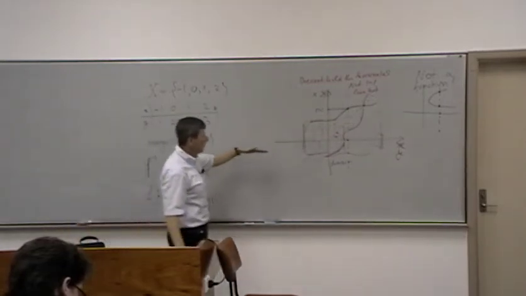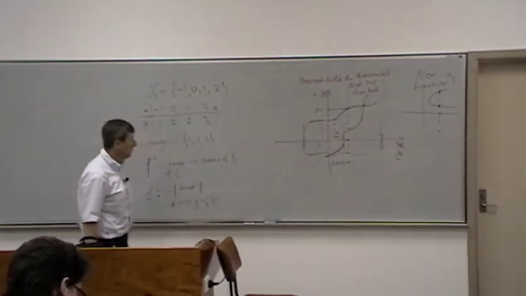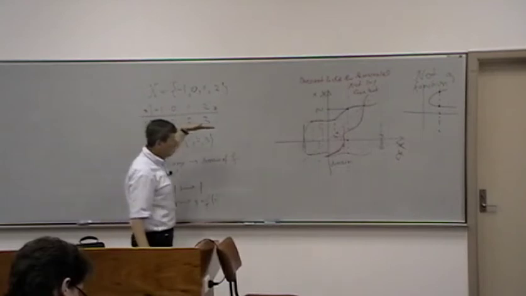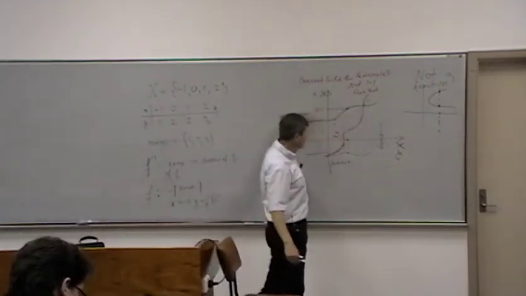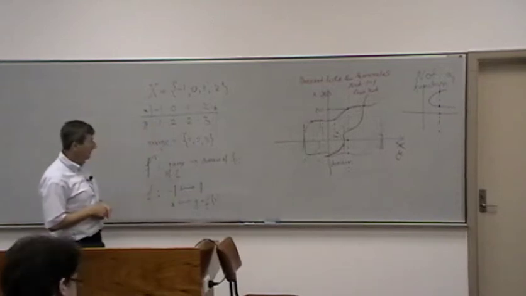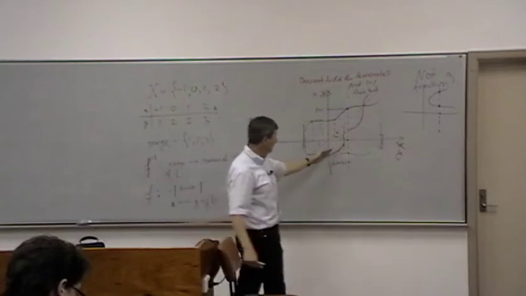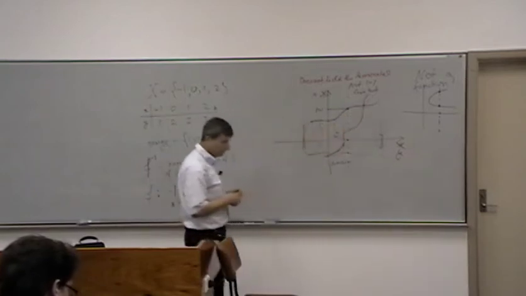If they hit the curve more than one time, then the horizontal line test fails. If we have only one intersection, then the horizontal line test does work, and we have an inverse function, and the graph of that inverse function would be that simple picture.